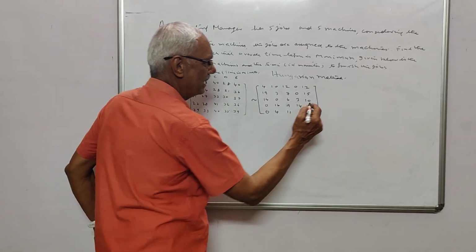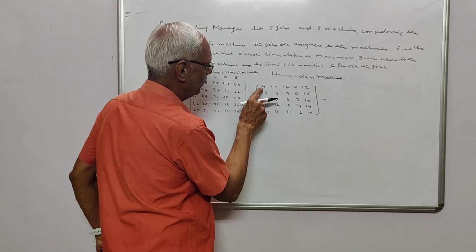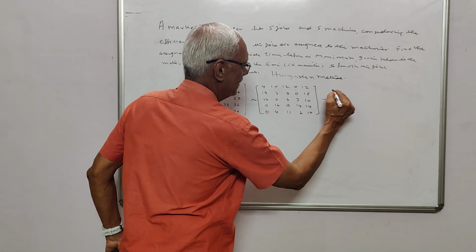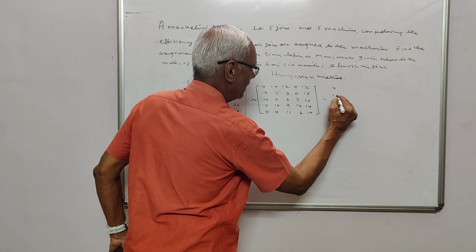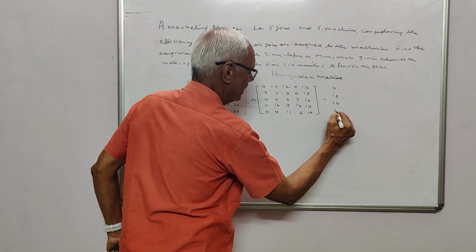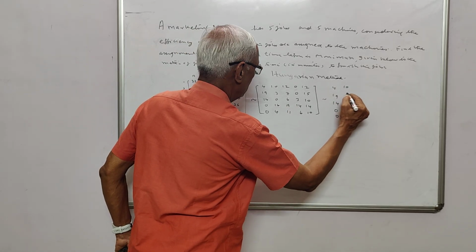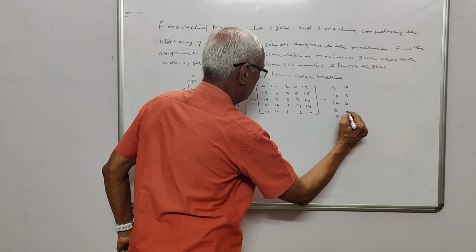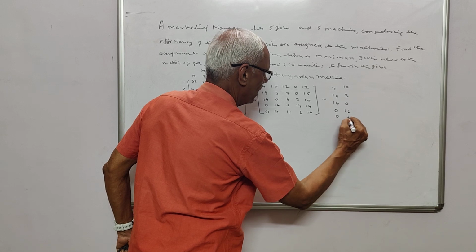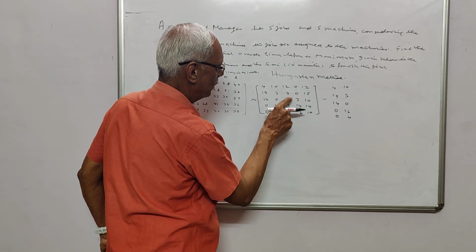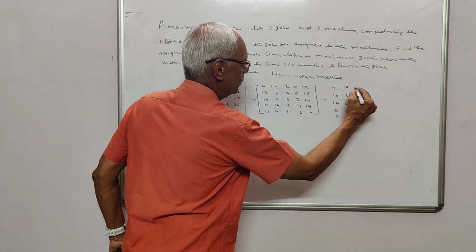So you see that here I do like this. Don't worry about this. It is 4, 19, 14, 0, 0. Here this is 10, 3, 0, 16, and 4. Here you see that 6 is the minimum, so subtract it.